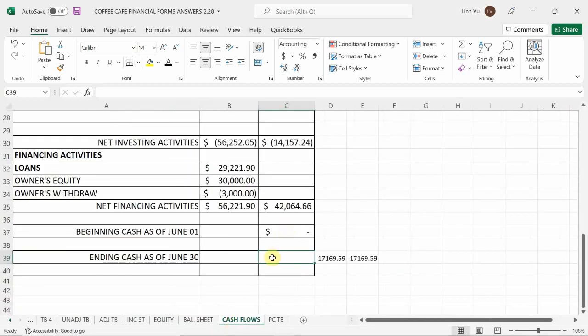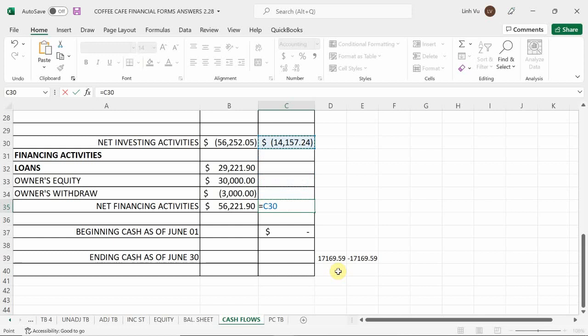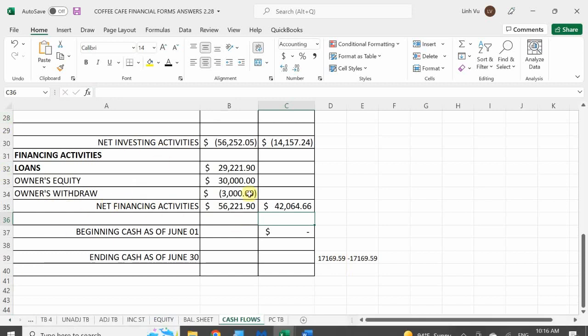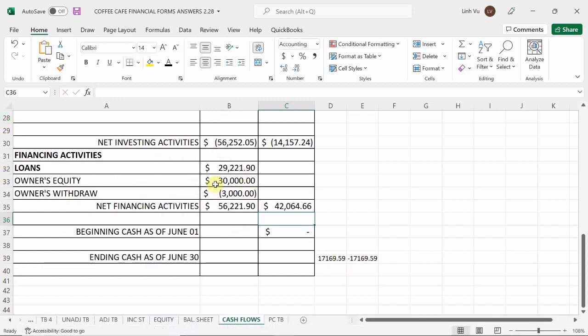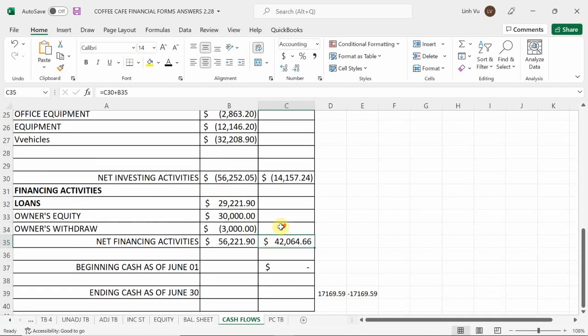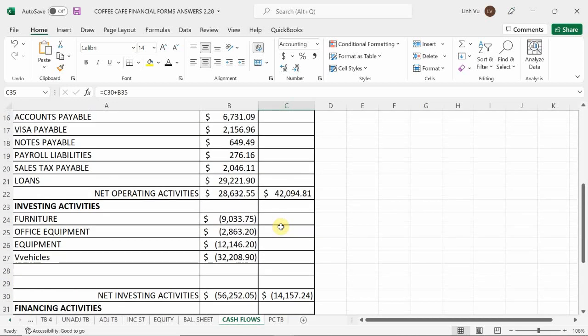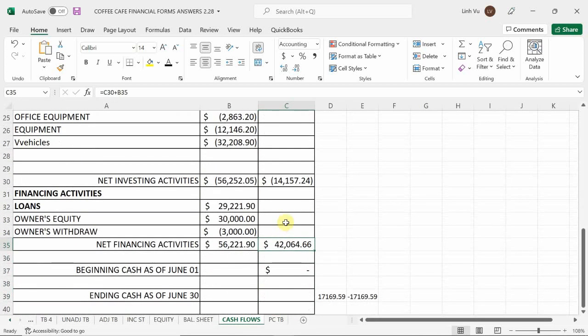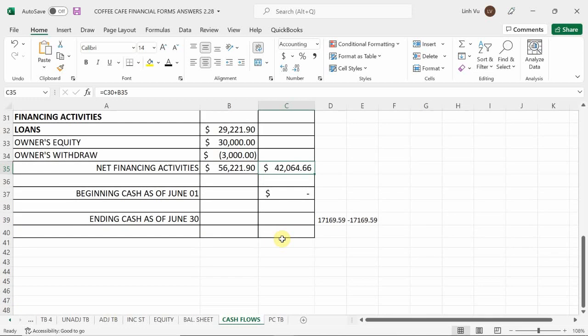Okay, so let's see. What you're supposed to do here is, I added, my bad, it's supposed to be this plus this. Yeah, it gives you 42. Wait, why is this so much? Okay, so in this case, this is the net financing.